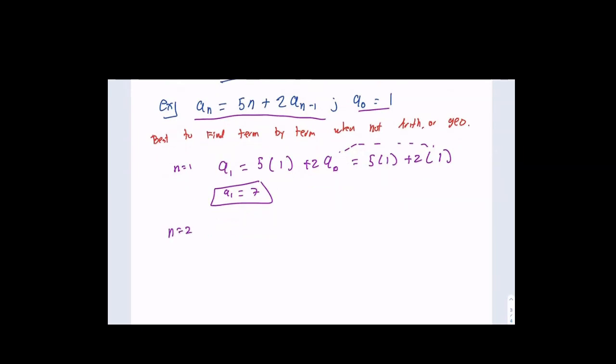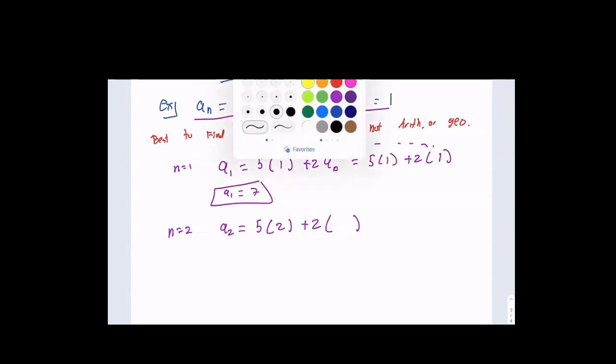I'm going to find the second term. So A2 equals 5 times 2, and be careful on this next step, plus 2 times 7.